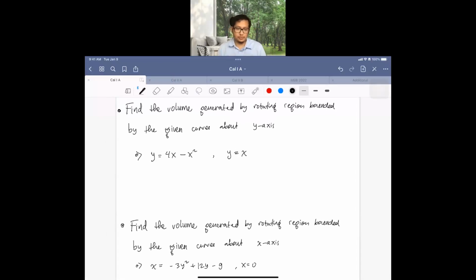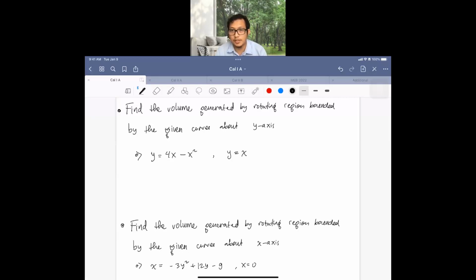Okay, so the first one, the curves are y equals 4x minus x squared, and then y equals x. And the second one, x equals negative 3y squared plus 12y minus 9, and x equals 0. The difference between these two, aside from the curves, is also the axis of rotation.